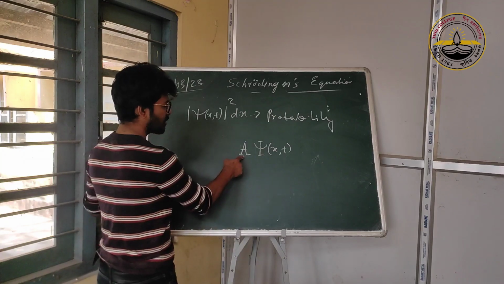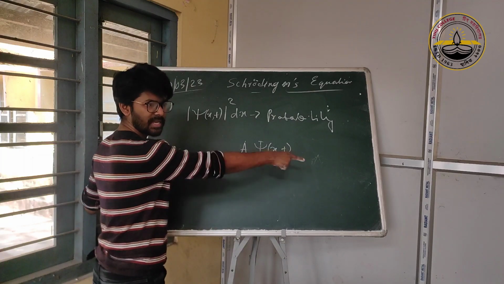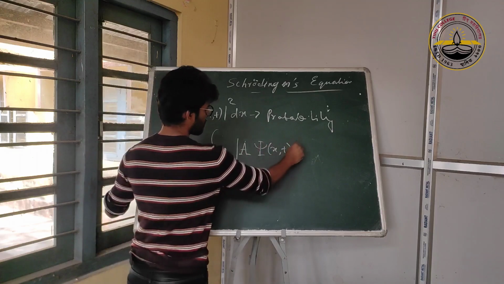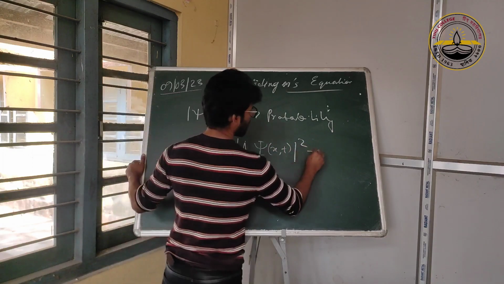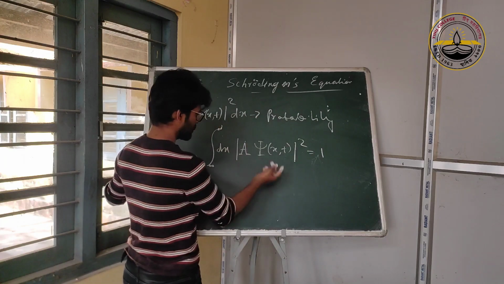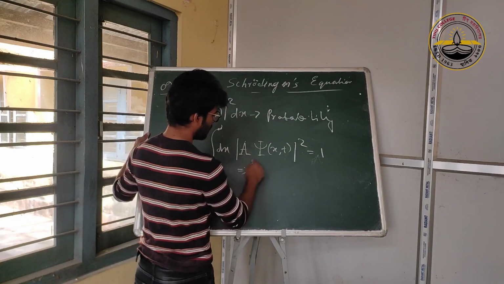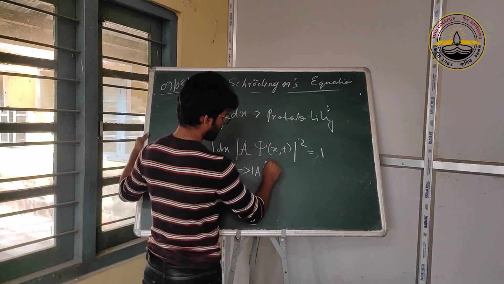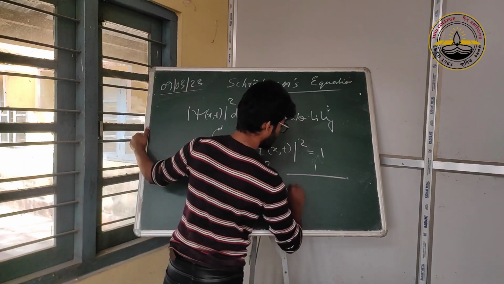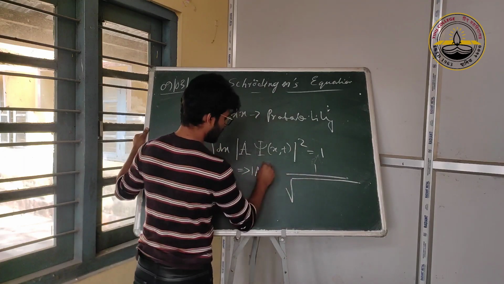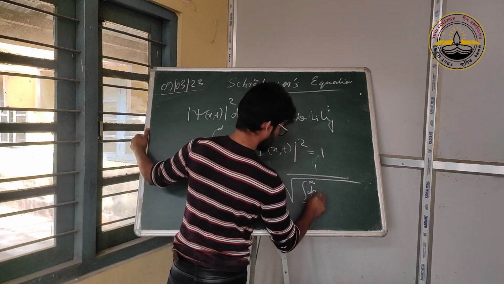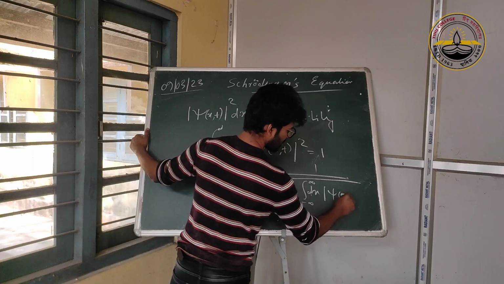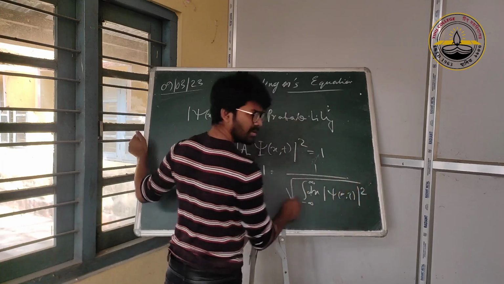Then I can apply the condition on A such that this mod square dx is 1. So in the end, it will be mod A squared equal to 1 over this integral. So mod A equals the square root of this whole thing, right?